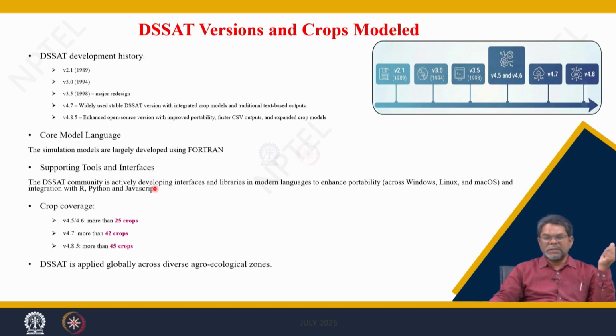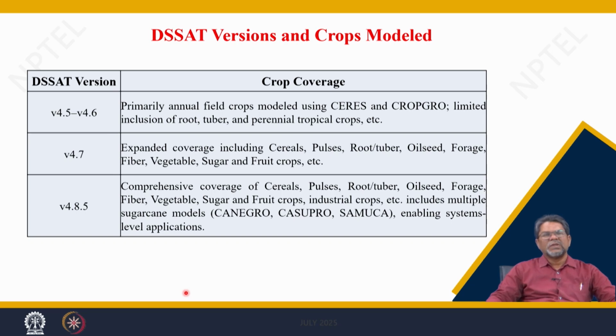So, regarding crop coverage, DSSAT has several crops in this model. As of now there are around 45 crops, applied globally across diverse agroecological situations. Versions 4.5 and 4.6 include cereals and legume crops, root, tuber and perennial crops.